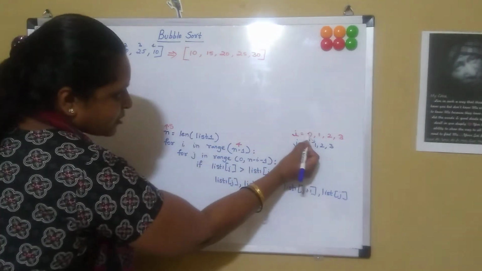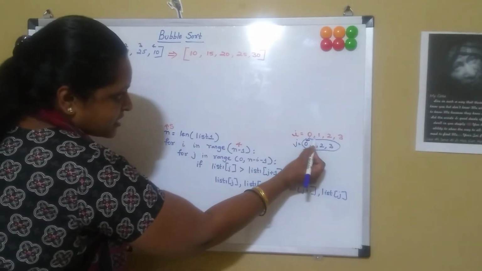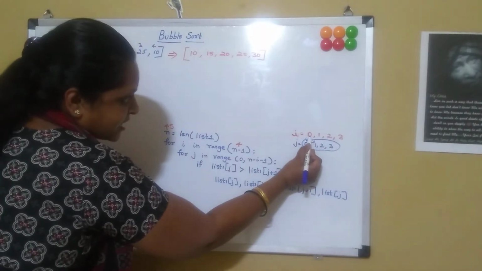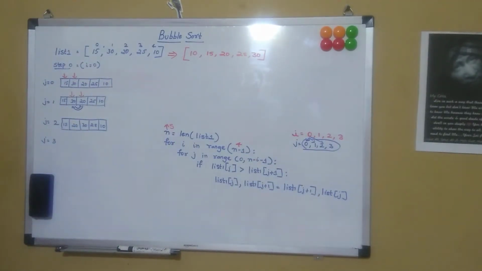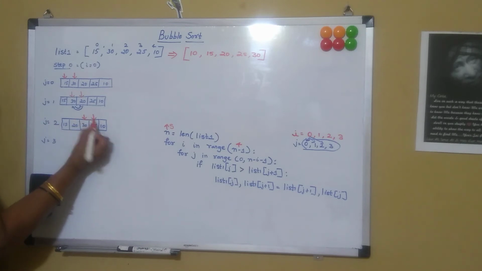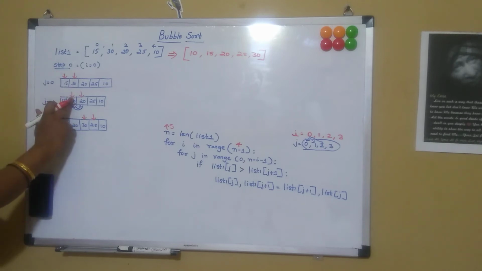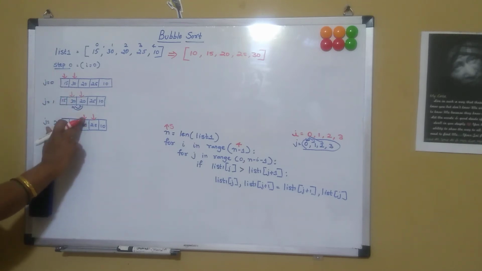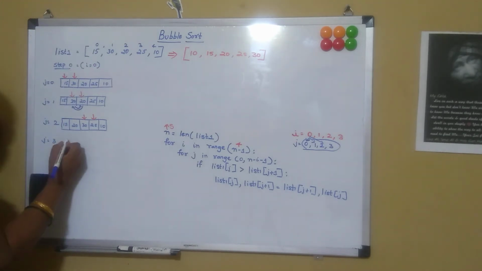Now for every ith value, j spans from 0 to 3. So for i equal to 0, now j becomes 2. So it will compare 30 with 25. So it will increment. It will be initially here, then it will increment, iterate, then again it will iterate. Now 30 is greater than 25.